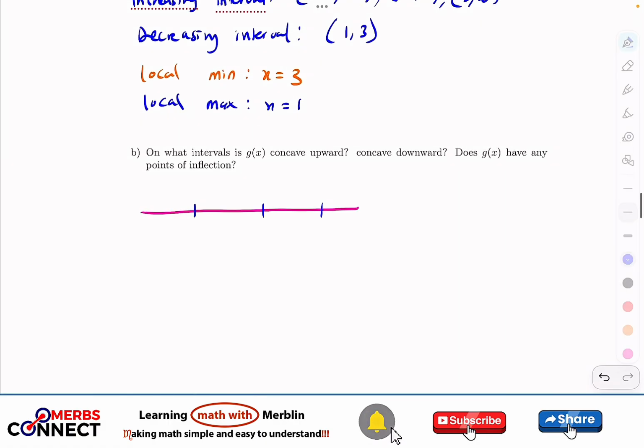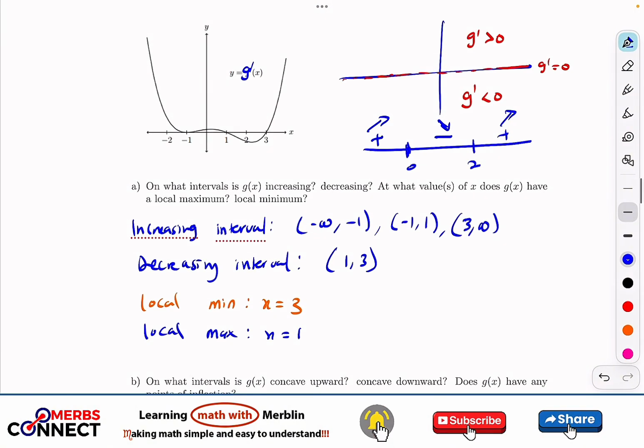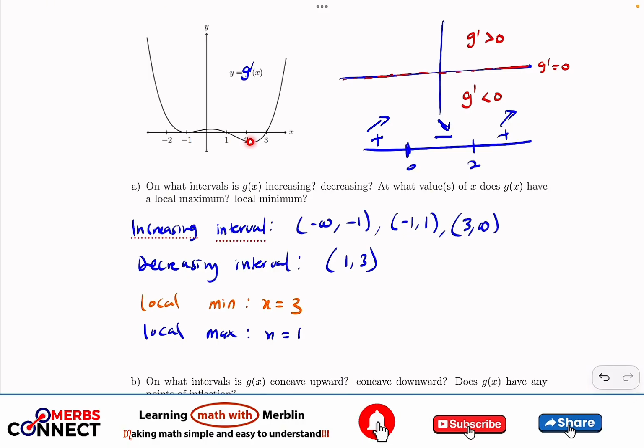So this is going to be minus 1, 0, and 2. So that is what is going to give us, let me call it point of inflection, even though if you have not gotten it, right? So that's where the sign changes. That's when it changes from being positive or negative to the other sign, right? So that's basically what is happening here.